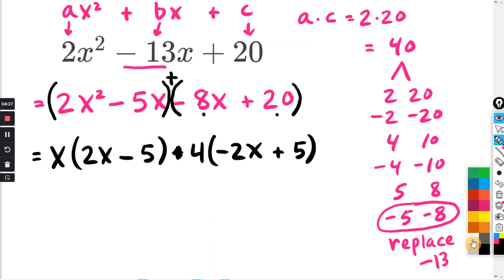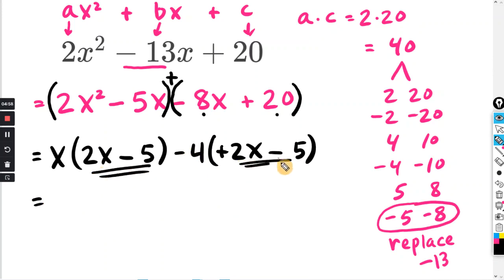Now, since this is negative 4, this becomes positive 2x, and this here becomes negative 5. So instead of positive 5, I'm going to make it negative 5. All right, so change the sign on this, and then you can change the sign on each of these. And now what we have is binomials that match, and that's what you need.